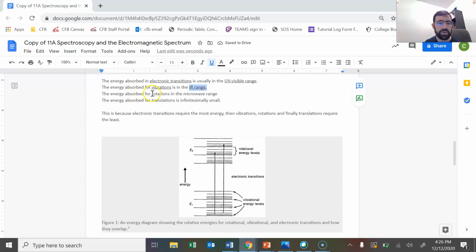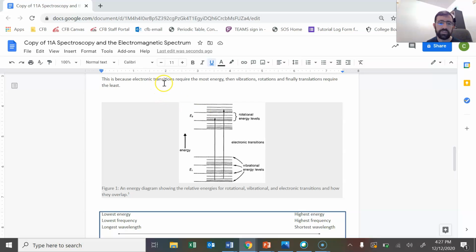The energy absorbed for rotations is the microwave range, which is lower energy still. And then the energy absorbed for translations is really, really small. So that's not really an analytical technique we use much. We just know that atoms and molecules move around fairly easily. It doesn't take a lot of energy to do that.